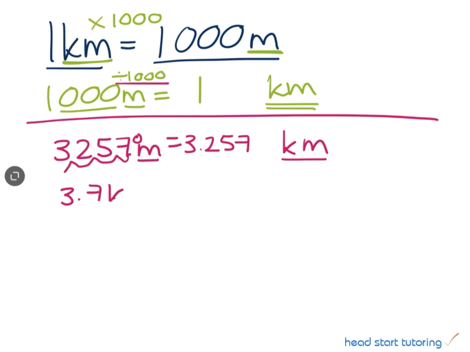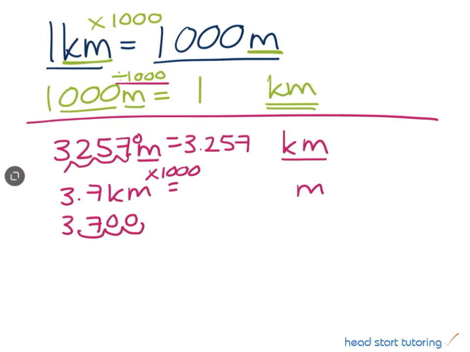If we are working with the measurement 3.7 kilometers, and we are wanting to convert that into meters, what we need to do is multiply 3.7 by 1,000. So if we write 3.7 out here and we multiply 1, 2, 3.